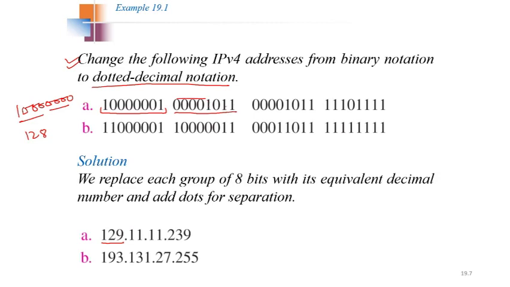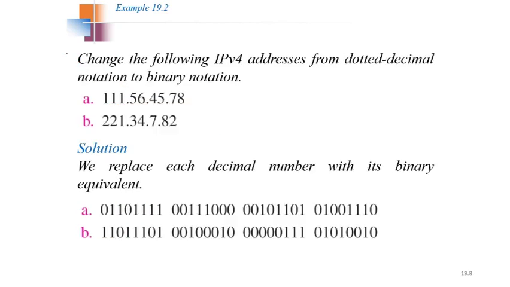This is 8 plus 3, that is 11, so its decimal equivalent is 11. Similarly the next is 11 again. If we represent each byte by its decimal equivalent with a dot, that gives the decimal representation. You might have gone through this binary to decimal conversion; the same applies here.